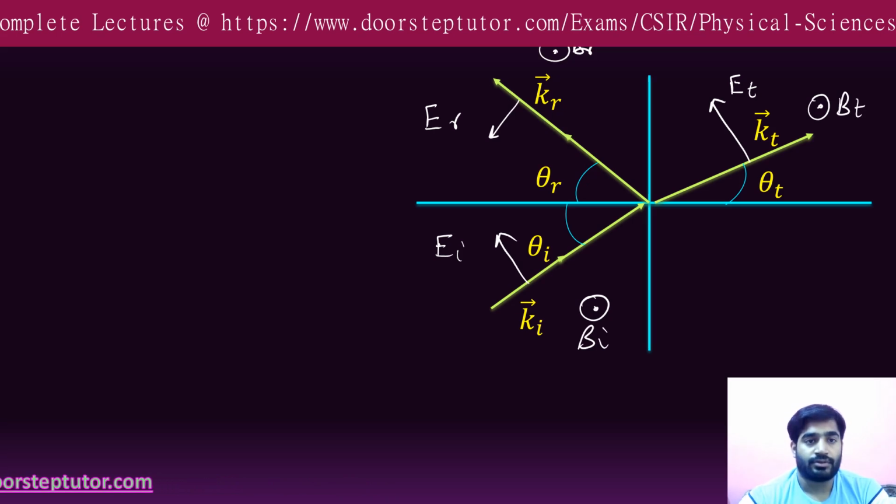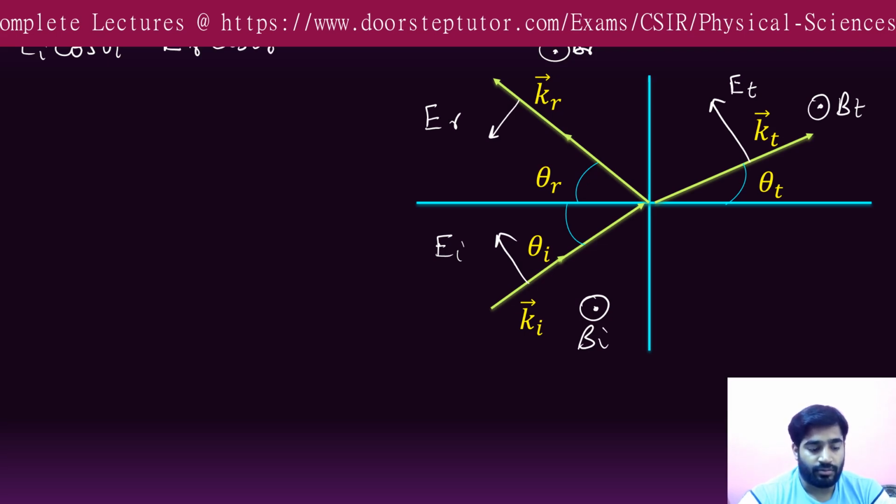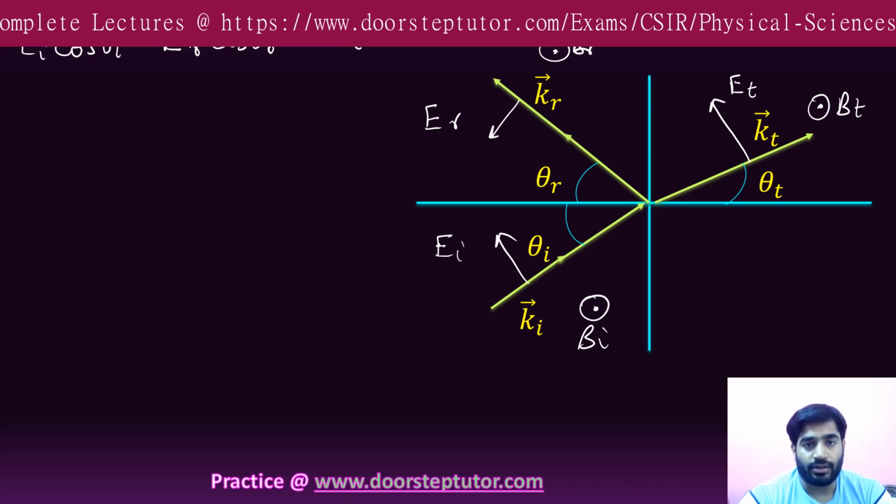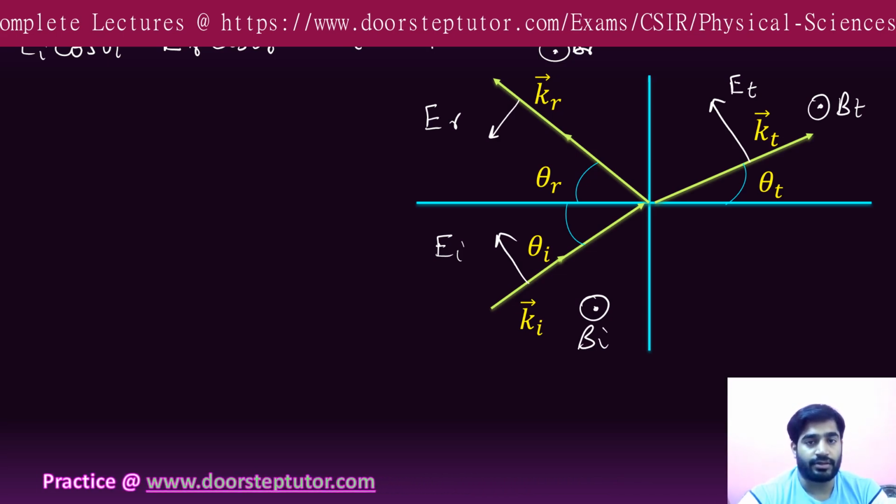Fine. So EI cos theta minus ER cos theta R must be equal to ET cos theta. This is the condition.